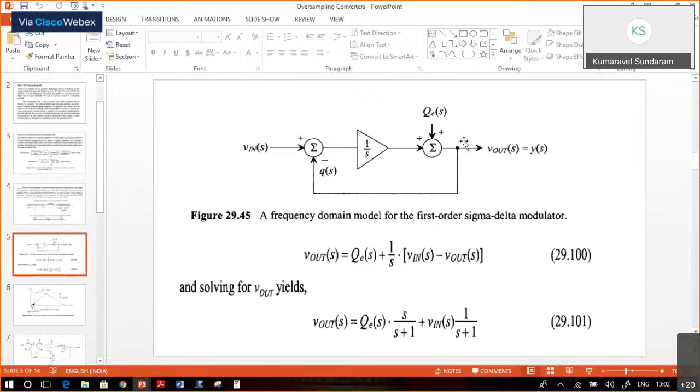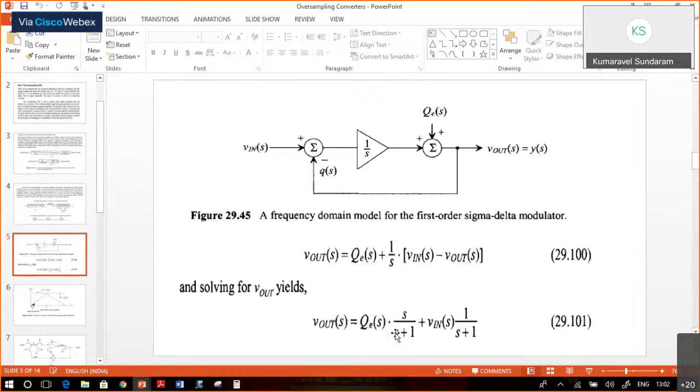Since the modulator itself is going to perform the quantization, we are giving QE of s. So V out of s equals QE of s plus 1 by s into (V in minus V out of s).